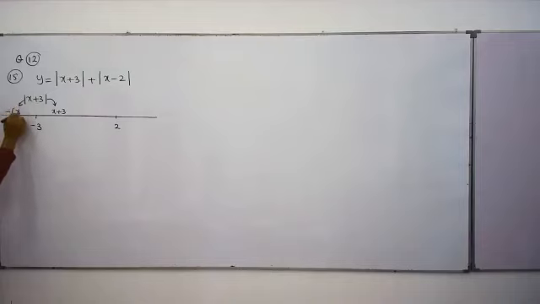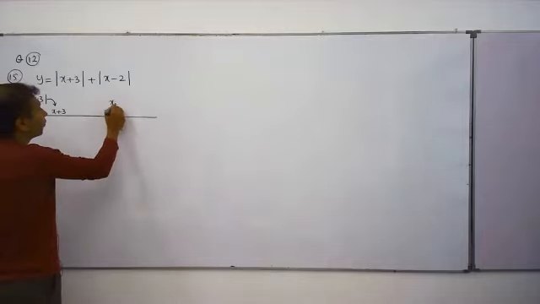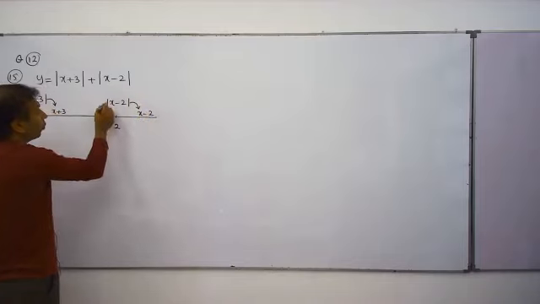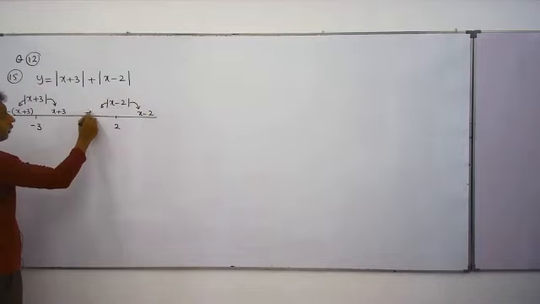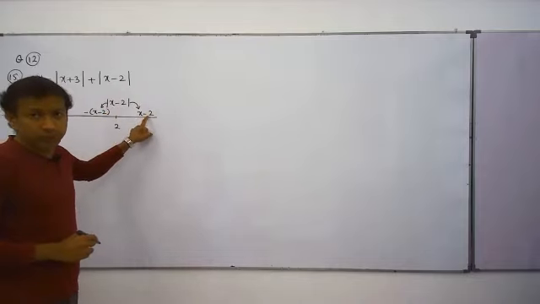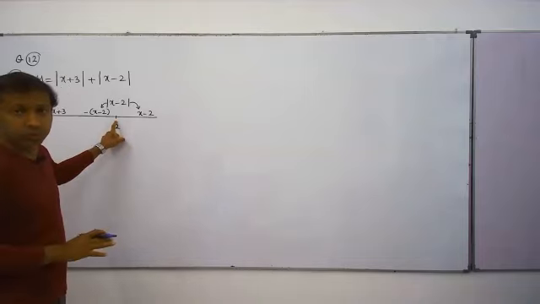And mod x minus 2, on the right of 2, is x minus 2. On the left of 2, we have to multiply this by a minus sign. Mod x minus 2 is equal to x minus 2 for the values 2 and more than 2, including 2.